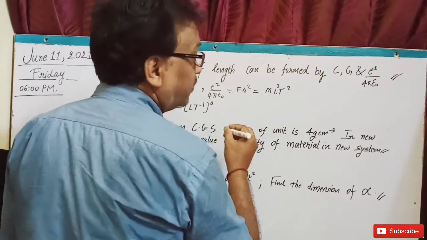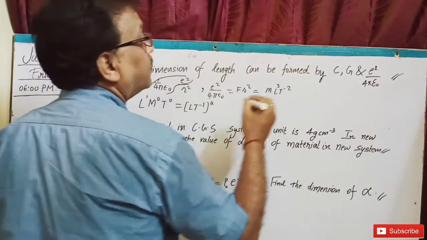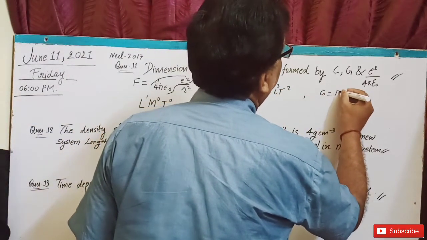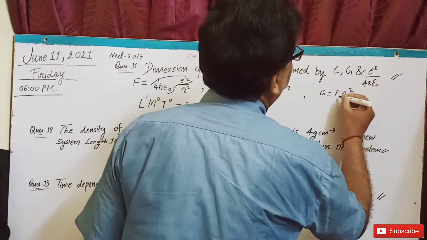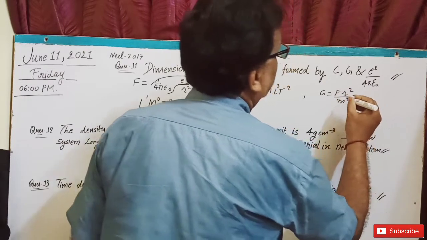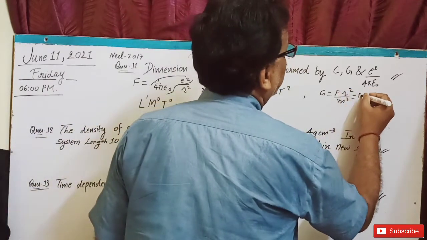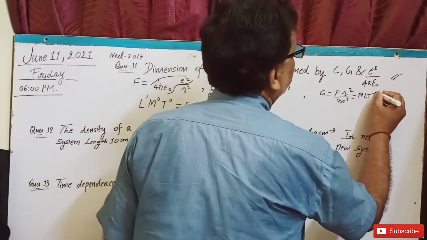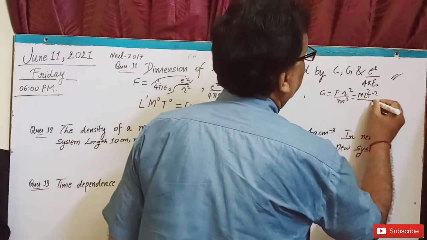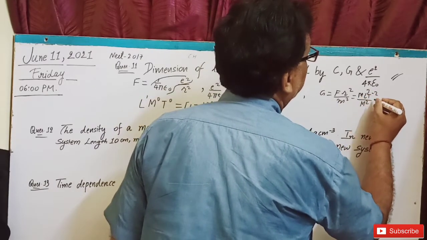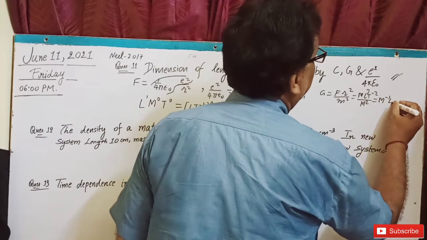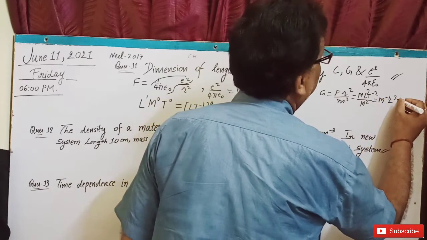G is the gravitational constant, so G is equal to F r square upon M square. F is MLT minus 2 and L square, so L cube upon M square. So G goes to be M minus 1 L cube T power minus 2.